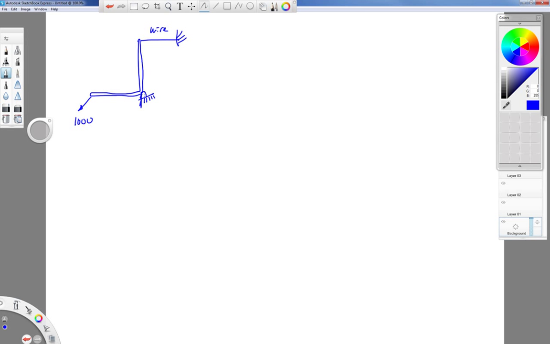And we might want to find out what the shearing stress, the average shearing stress, is on the pin at this corner. Well, this is where we do our statics. We would draw a free body diagram of that L bracket. If there's a wire, then that's a 2-force member.